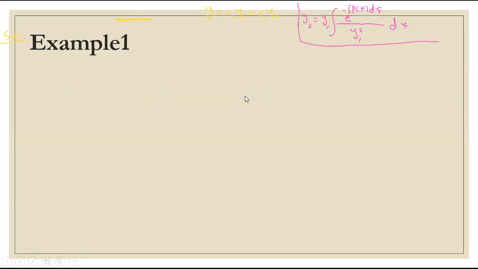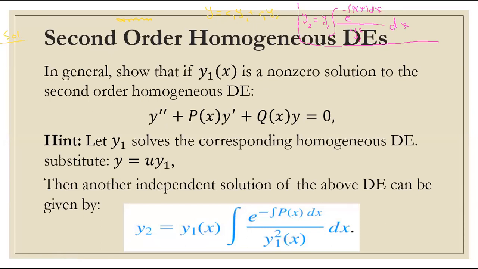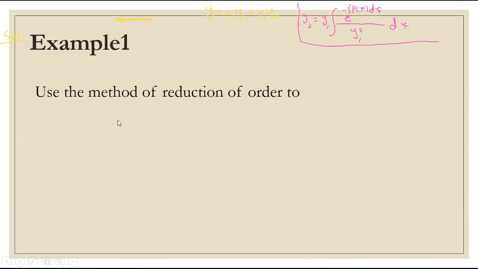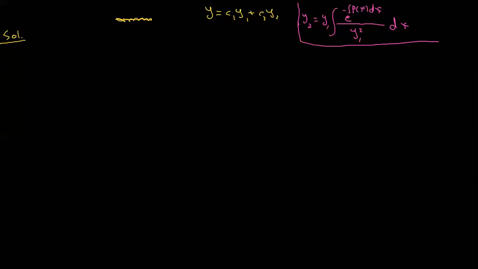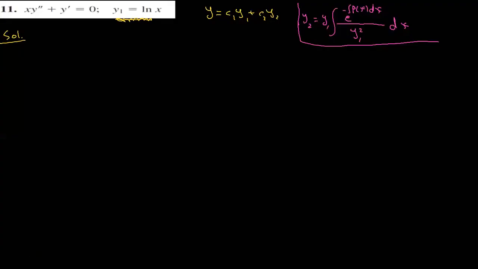Notice here, if you need to use this formula for y2, you need the coefficient of y double prime to be 1. So Abdurrahman suggests, before you start solving your problem, you must divide the equation by the coefficient of y double prime. So here, great Abdurrahman, divide by x.